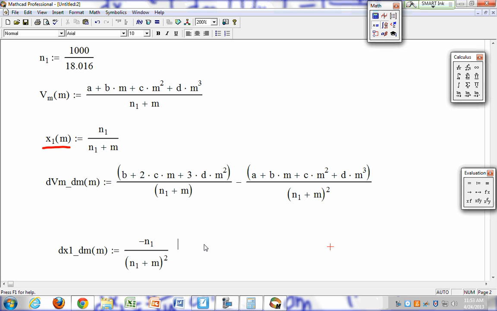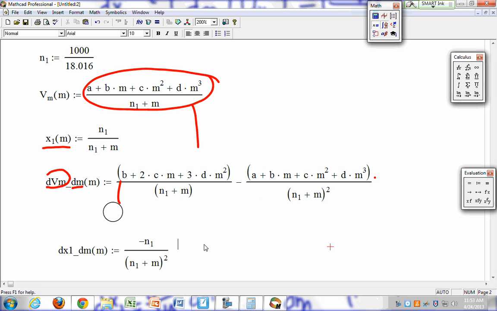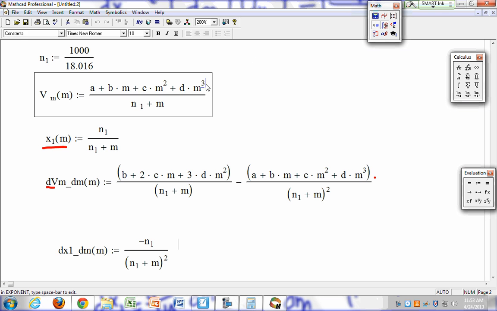For the derivative of V sub m with respect to m, take the derivative of this expression with respect to m, and you get this one right here. Let's see how that's done. After you've entered that expression in MathCAD, copy it and paste it over here.